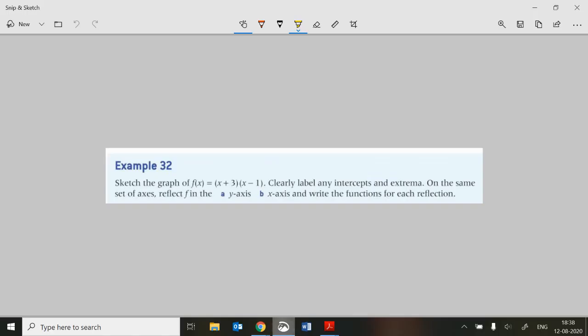Okay, right. So example 32 says sketch the graph of f of x is equal to this function here. So let's just do that. We've got x is equal to minus 3, and we're getting another root here, x is equal to 1, and then you can put in your graph. It's going to be a positive x squared, and we could now put on this axis here if we wanted to, so our y-axis.